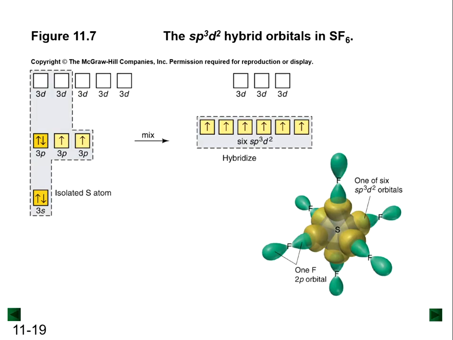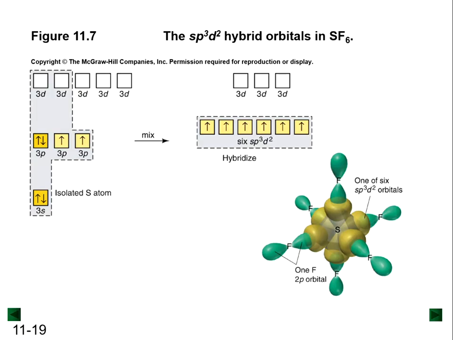For sulfur hexafluoride, we have an octahedral electron group arrangement. Sulfur has a 3s2, 3p4 electron configuration. That's 6 electrons. Those 6 electrons then are spread across the 6 sp3d2 hybrid orbitals.